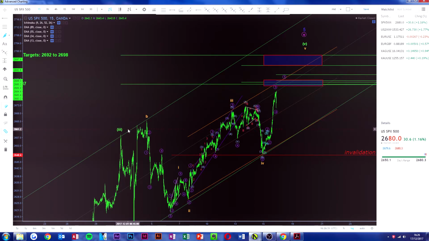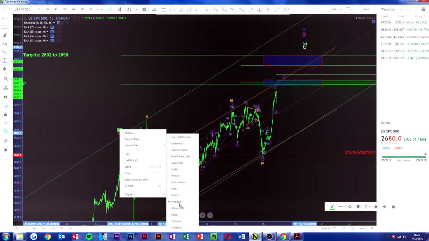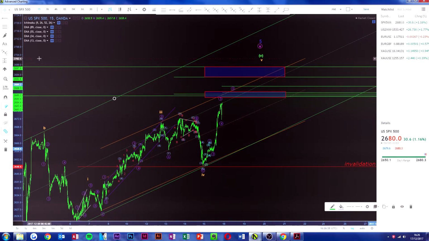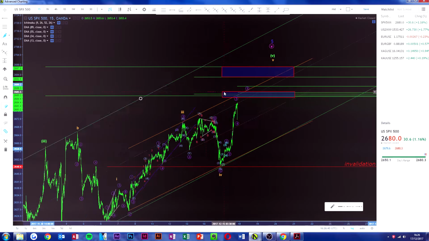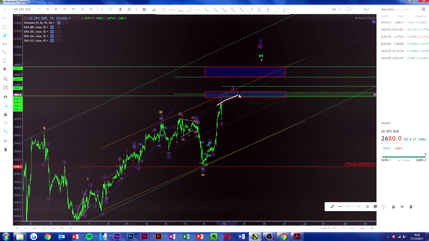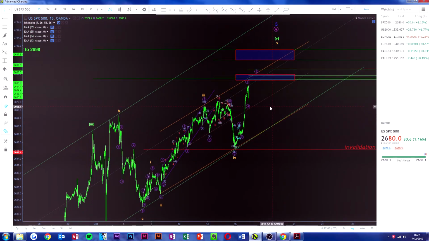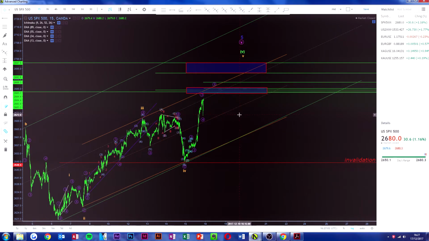Then we also have this, let me just check the degree, minute in the green, this minute channel here, and this is the midline of the minute channel, and price just touched that now, so we're in a very significant zone with these horizontal and trending channel supports, or resistances, sorry. So we need to have a look at what's going to happen in the next few days.